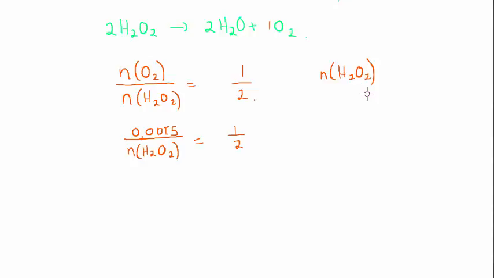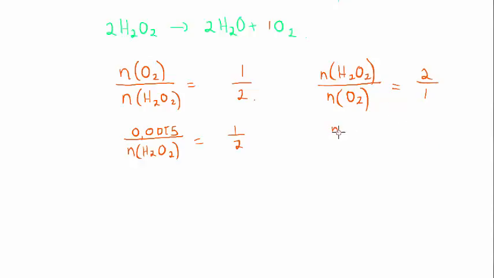So let's start with the mole I'm actually looking for, divided by the mole of oxygen that was used. Now I must keep in mind that I must use the coefficients in the opposite direction. So the coefficient of this one is 2. 2 of these for every one of that.